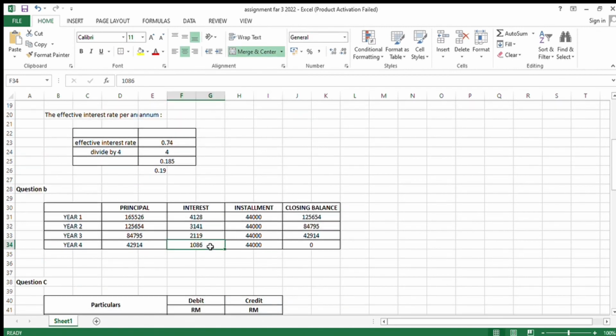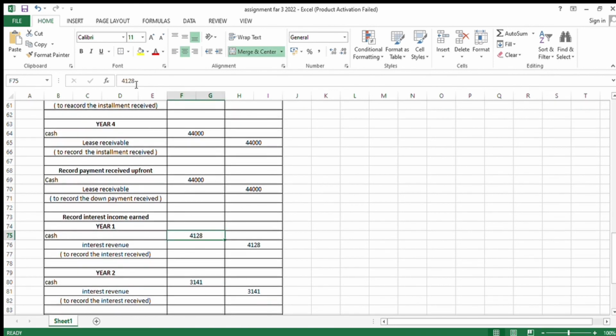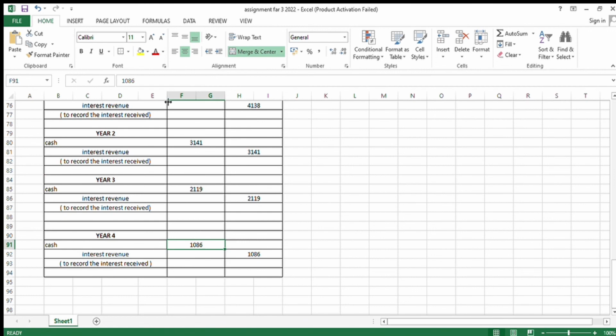For your information, I have made a mistake, which is I had an error when I calculated the amount. So I have already made a correction on my mistake. So the lease receivable schedule for closing balance I have also changed. Also the journal entry I have changed.